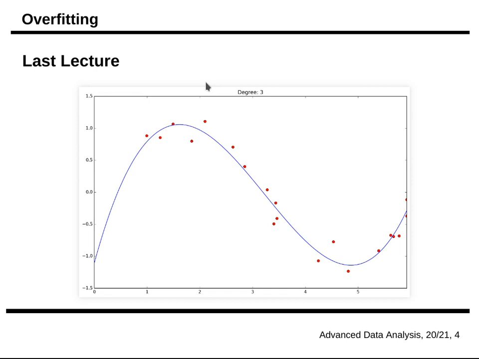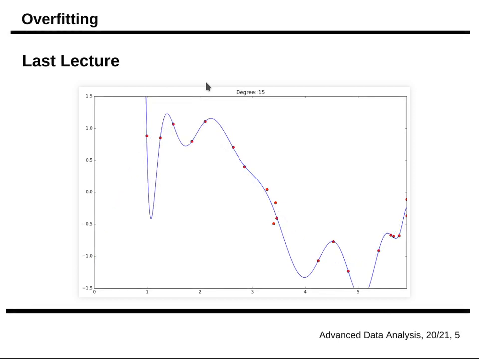If we increase the degree of the polynomial, then at some stage, in this case degree 3, we can capture the shape of our data. But if we increase too much, then we enter overfitting. This is when we start losing the ability to predict values outside the training data, even though the error for the training set is very low.